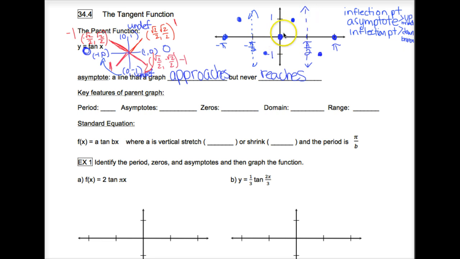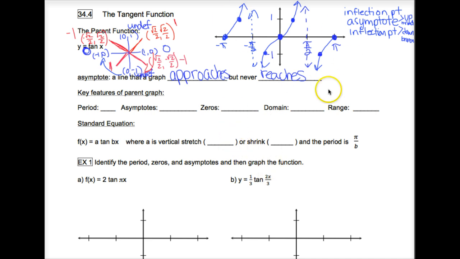Between 0 and π/2, I'm drawing an upward moving branch. Between π/2 and π, I'm drawing a downward moving branch. On the other side, this was an up branch, so the next one is a down branch. This one was a down branch, which means the next one is an up branch.